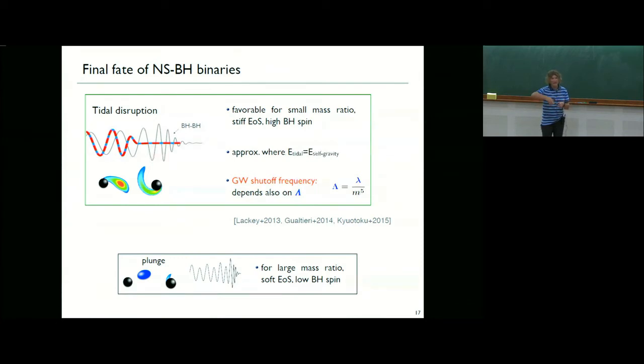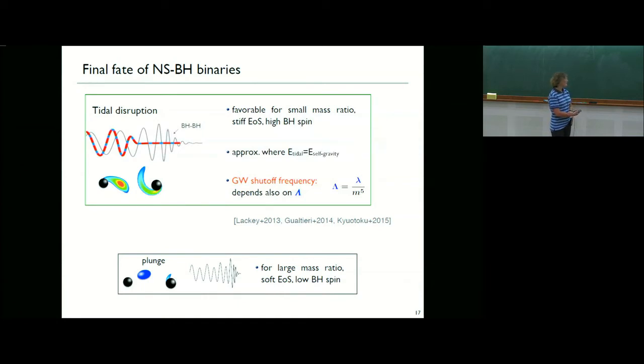So when you add up all the contributions, the phases cancel out, basically. This sudden shut-off of the signal could, in principle, be measured, and it again depends on this tidal parameter, because if you estimate from this kind of energy balance, the tidal energy will depend on this parameter.